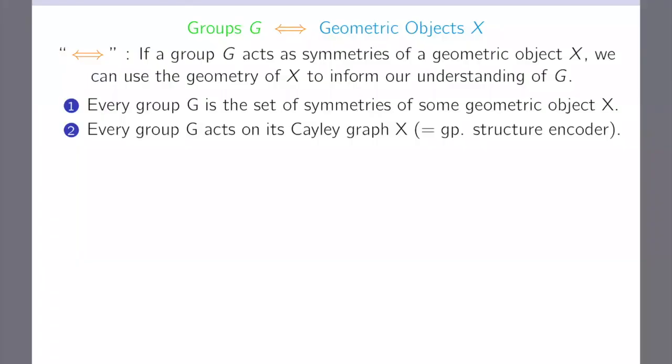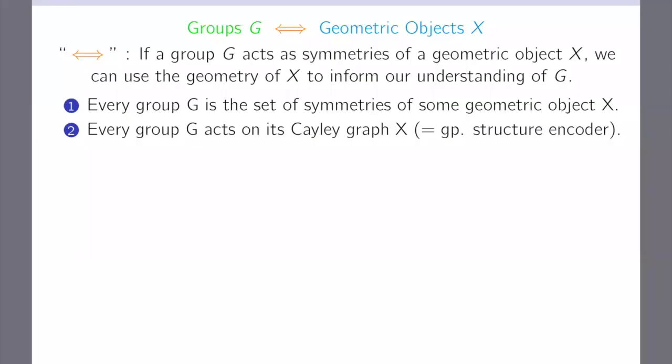Now, it's a fact that every group is a set of symmetries of some geometric object. We can take something called its Cayley graph, so you have at least one geometric object that every group acts on. The Cayley graph of a group contains as vertices all of the elements of the group.